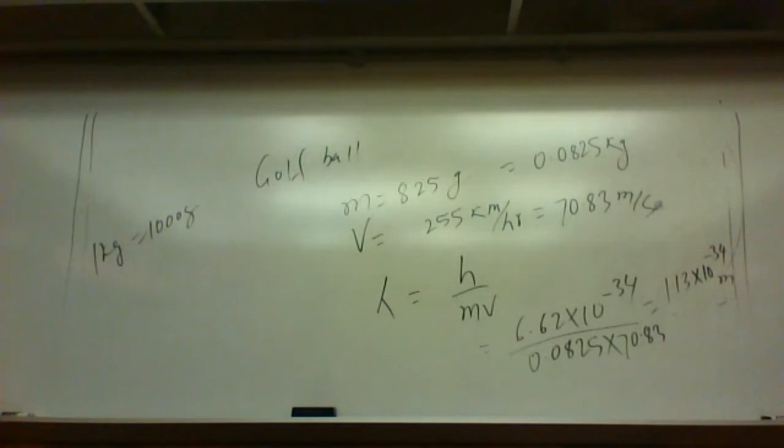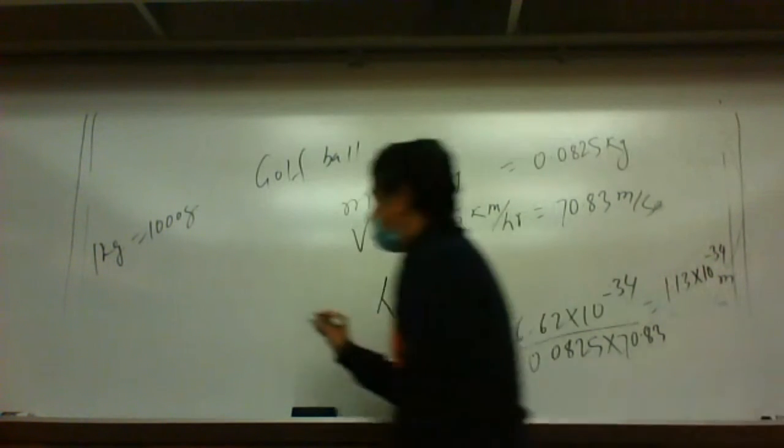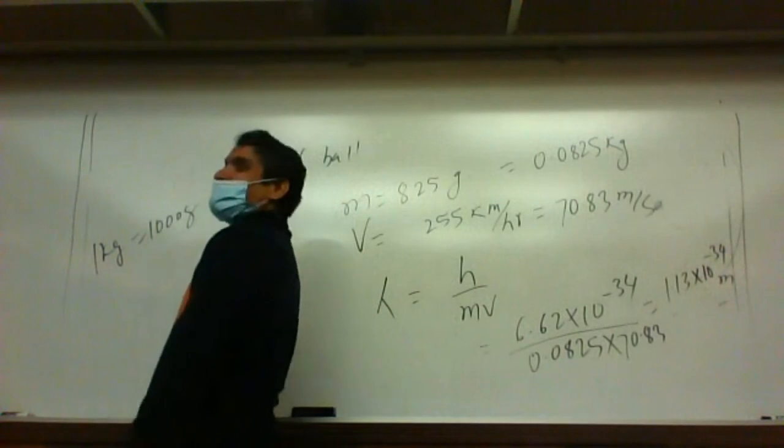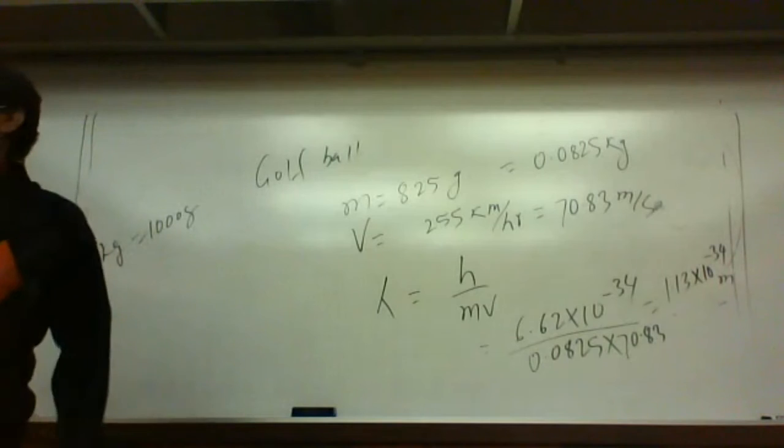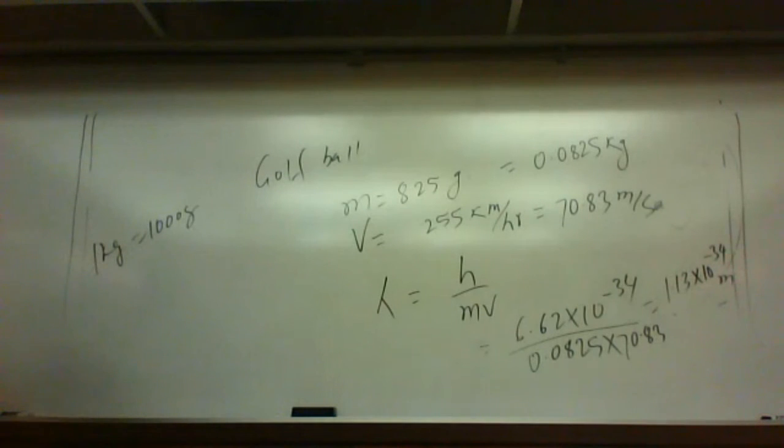You see, the golf ball has a tiny wavelength. 10 to the power minus 34 is really small, not even a point, right? So can your eyes see the golf ball behaving as a wave? It cannot. You just see the golf ball as a particle moving on the ground.